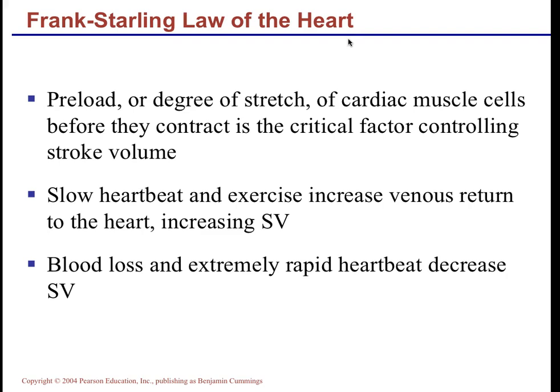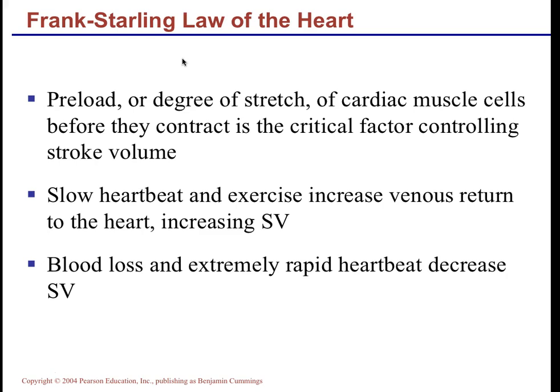And from that, they were able to find out their law of the heart. So I am going to explain it in one way, and then I'll get into preload and afterload. If you end up returning more blood to the heart than usual, you will stretch the ventricles.